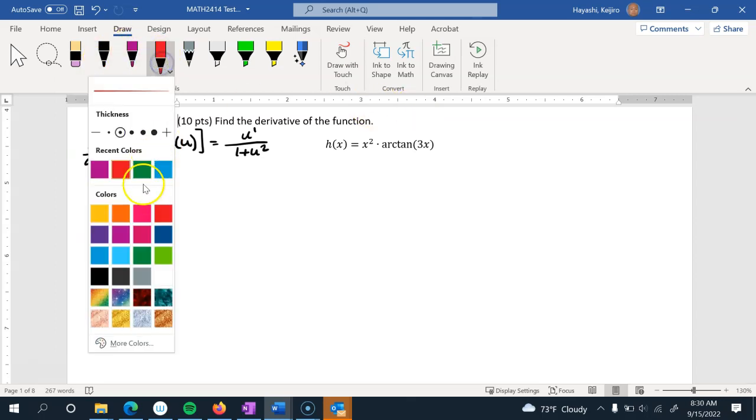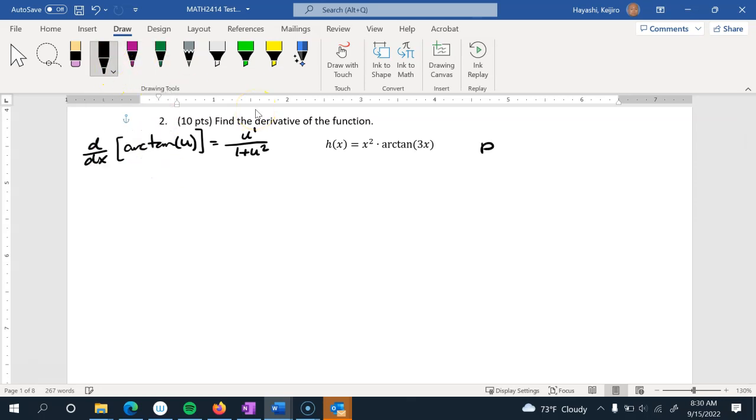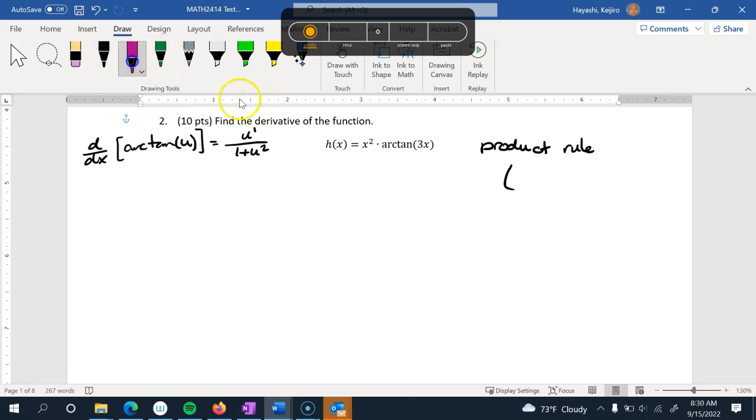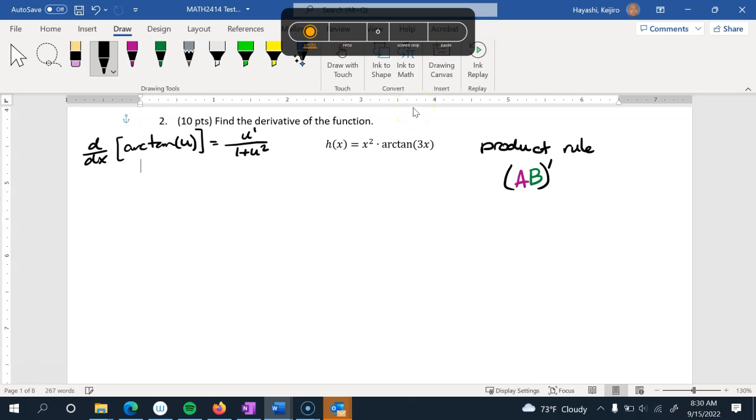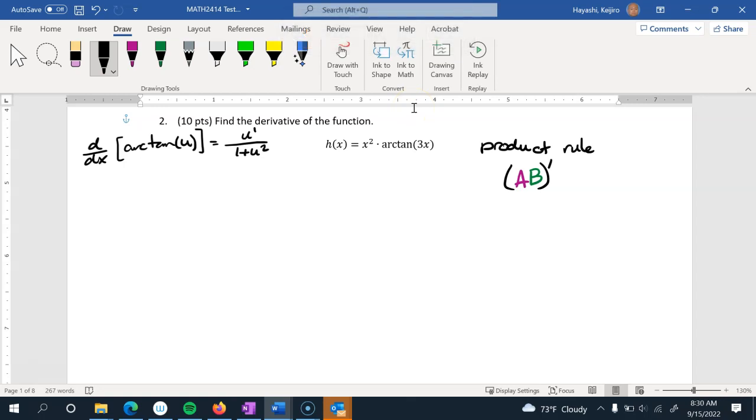So, let's see. Now the product rule goes, if you've forgotten, hopefully you haven't, if you take the derivative of a times b, so let's just say a prime means you're taking the derivative, that equals a times b prime plus b times a prime.